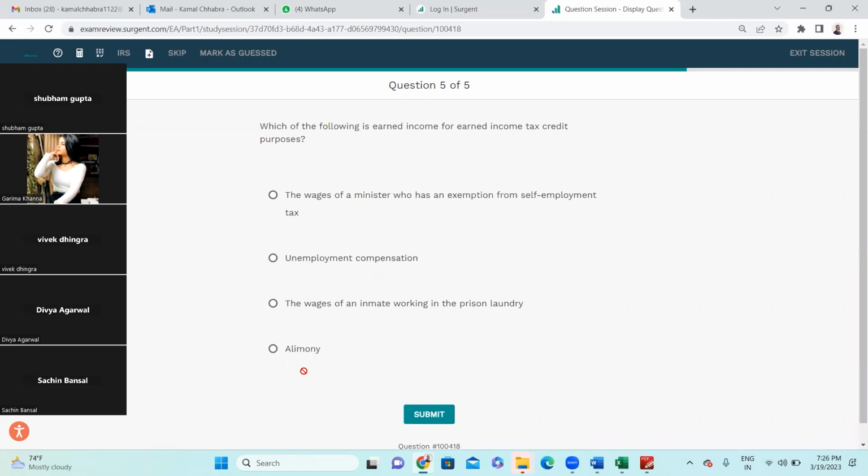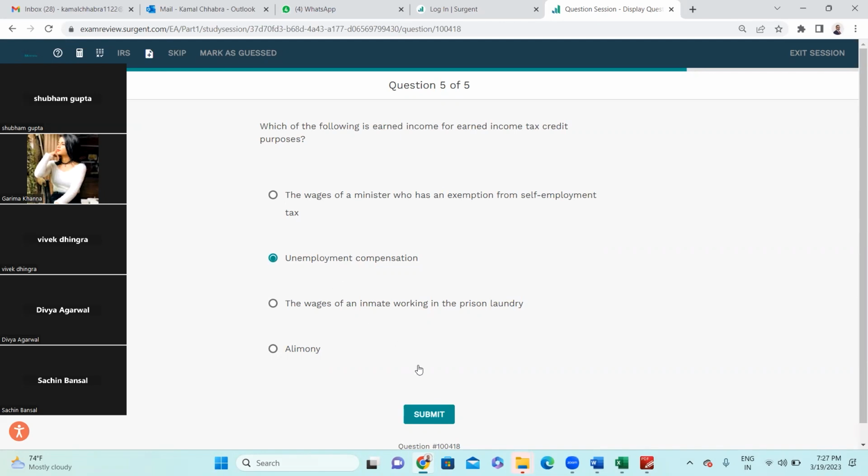Alimony, you mean to say alimony is considered earned income? Option second. Yes, unemployment compensation is taxable income.